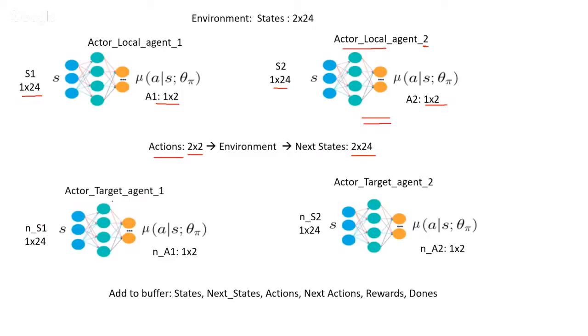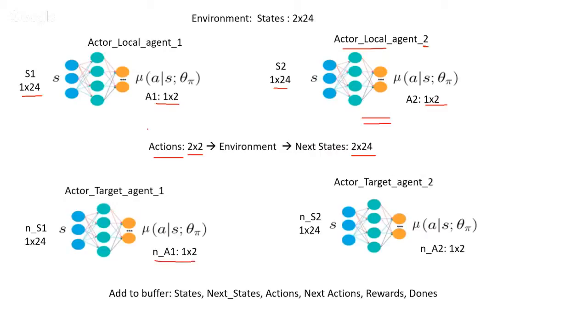Now how do I use this? I call the top row of the next state NS1, that's next state for agent 1. I input this in the actor target network of agent 1, and I get next action 1 from the actor target.